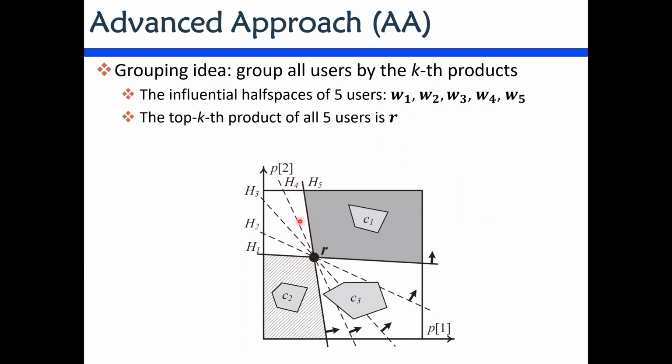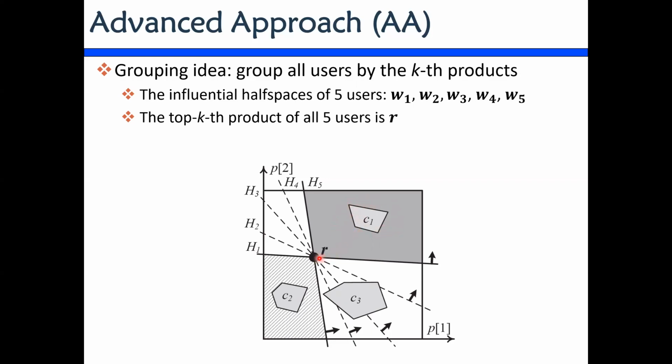All the half planes that define the influential half spaces for these 5 users are guaranteed to pass through this product R. Now, this product R can be used to quickly identify cells, meaning partitions of the product space, that are guaranteed to be inside each of the influential half spaces in the group, like it happens here.